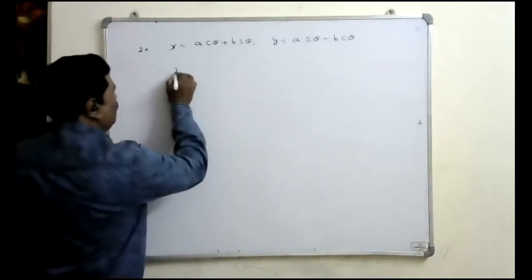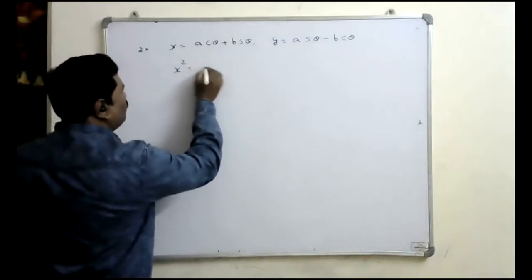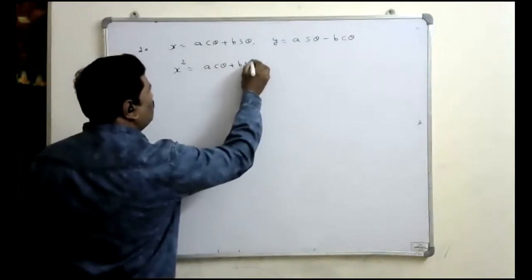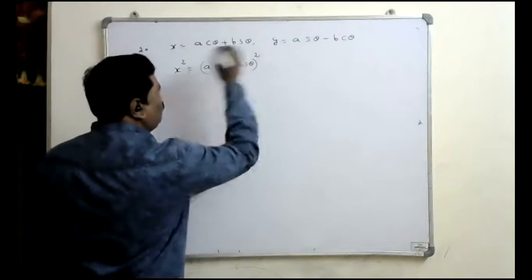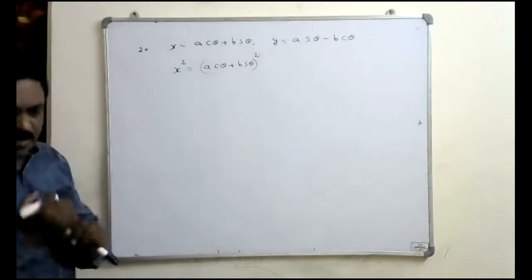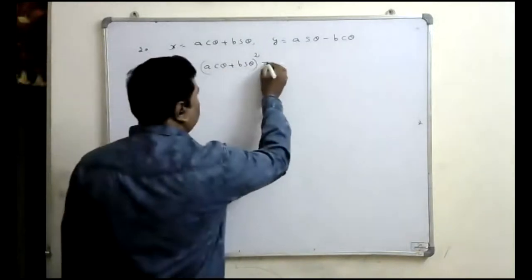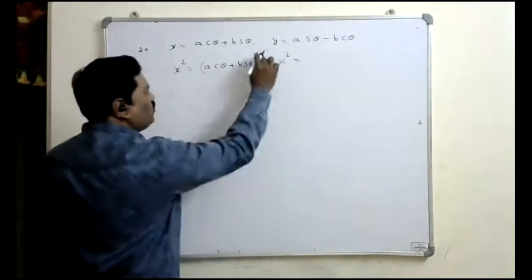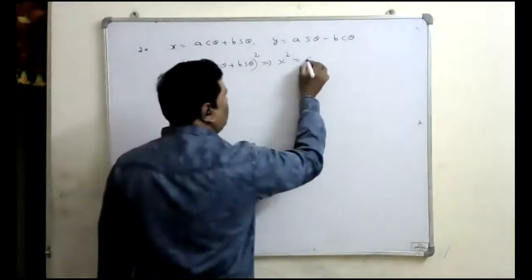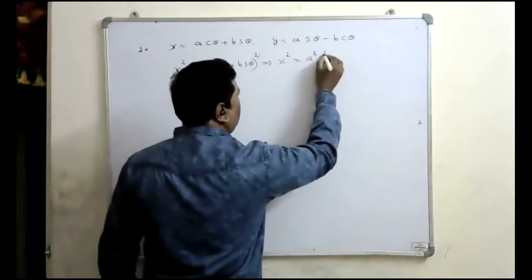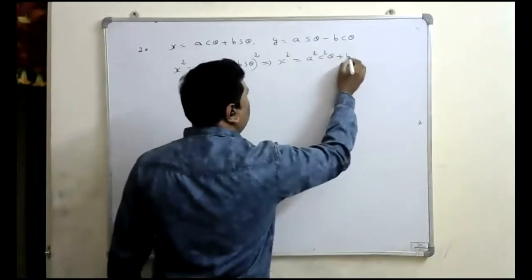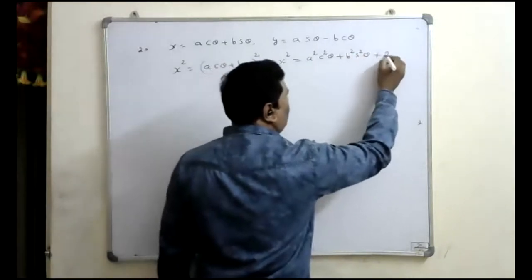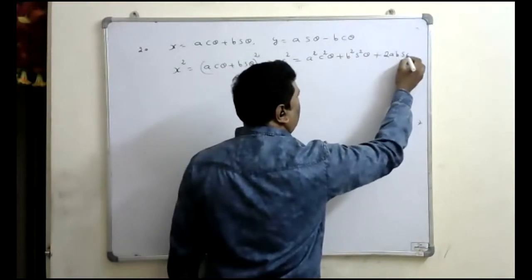Square it on both the sides. That is x square is equal to a cos theta plus b sin theta whole square. So x square is equal to, expand this, a plus b whole square form, which is a square cos square theta plus b square sin square theta plus 2ab sin theta cos theta.